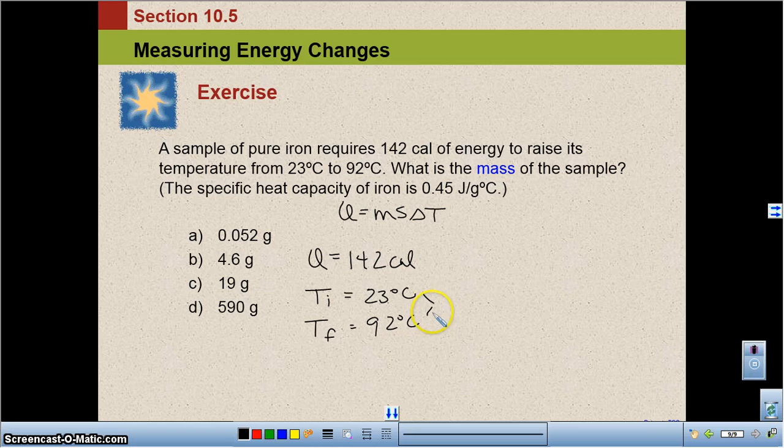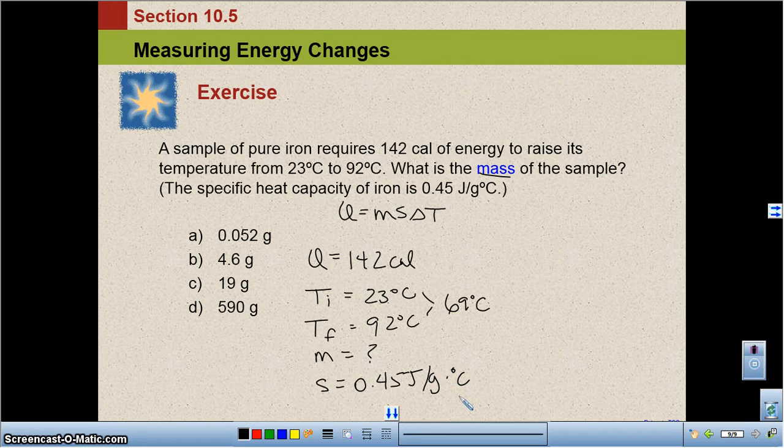So let's go ahead and just do final minus initial. So it's going to be 92 minus 23, which is going to be 69 degrees Celsius change for delta T. We have M, and that's what we want to know, the mass. And I know the specific heat capacity is 0.45 joules over grams times degrees Celsius.